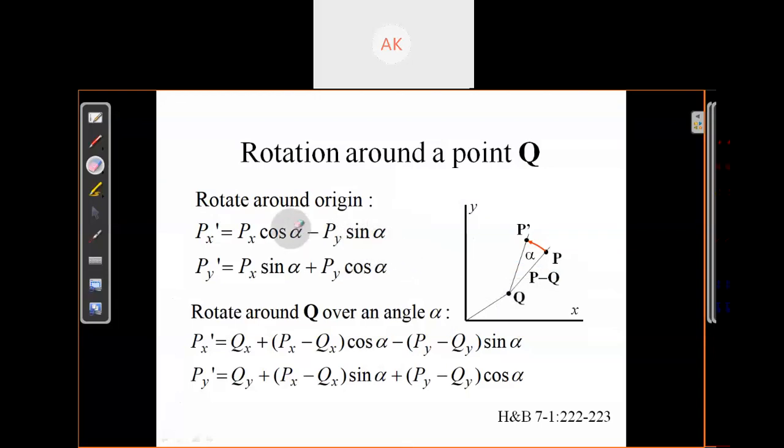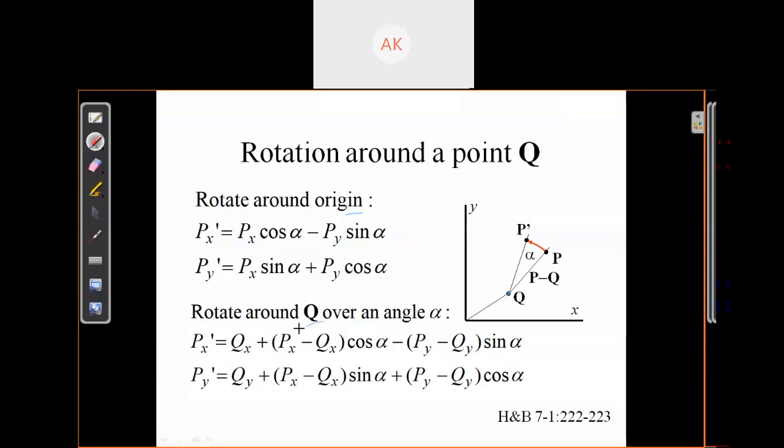So when the rotational point is not the origin, in this case there is a point q which is the rotational point. At this point your object is rotating with angle alpha. This equation is written for when your rotational point is the origin.